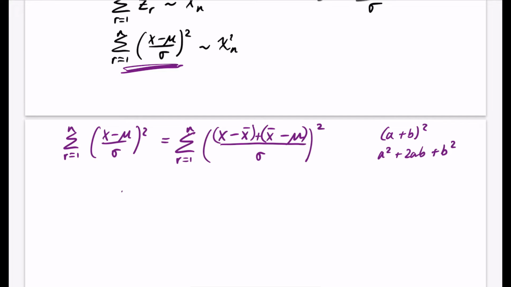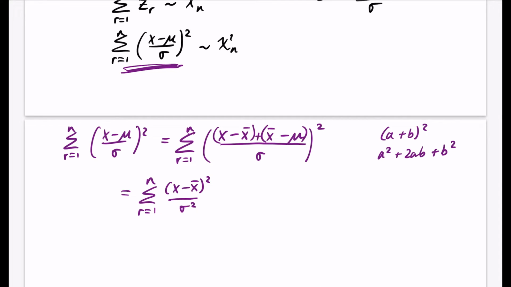let's expand these brackets. Now, if I'm treating this as a, I'll get an a squared first of all. So my first thing is going to be from r equals 1 to n, I will have x minus x bar squared, and the denominator is obviously going to be a sigma squared.